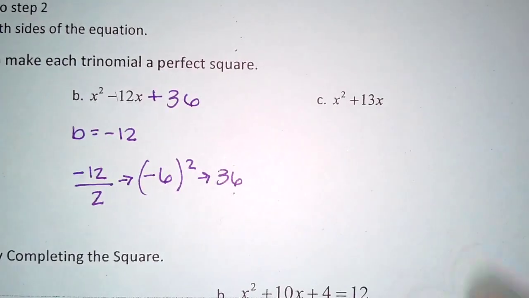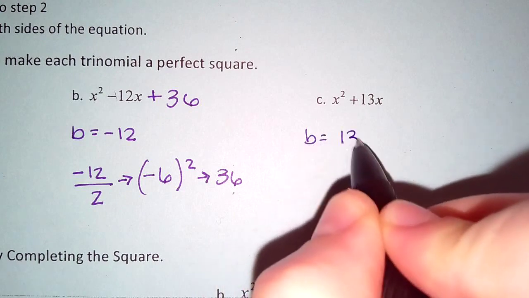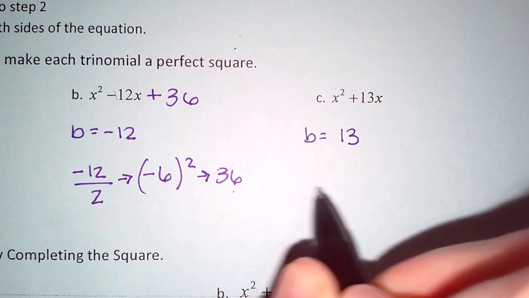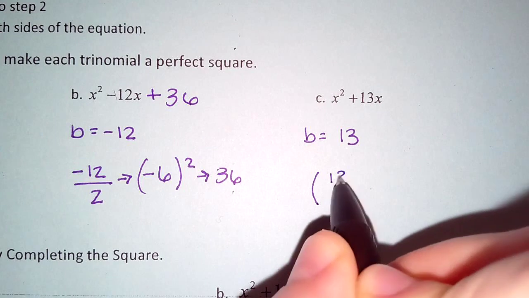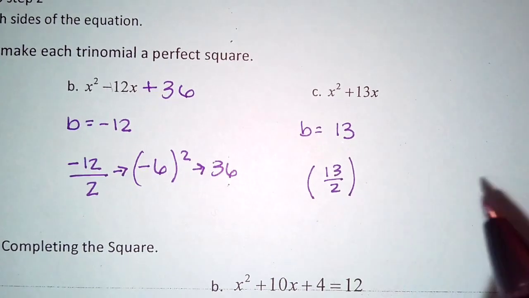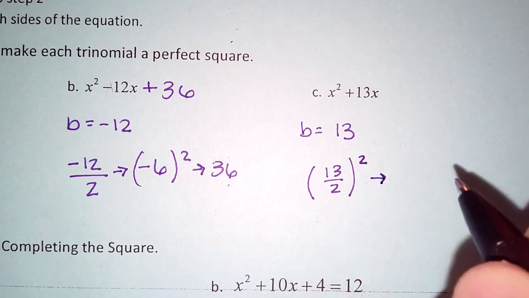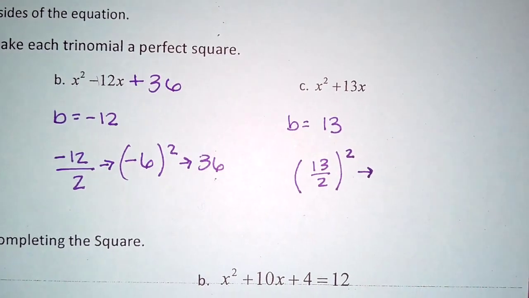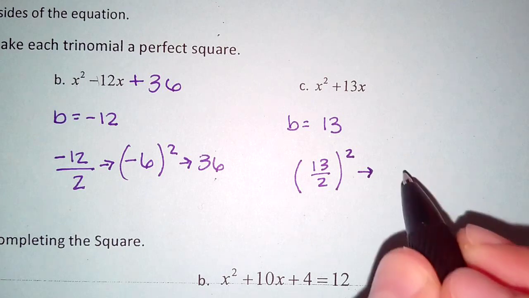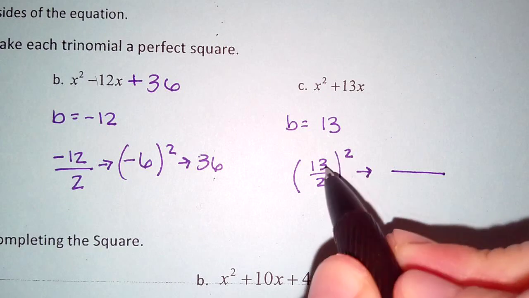If I do my last one, b is 13. So if I take 13 divided by 2, let's see what it would look like if I kept it as a fraction. If I keep it as a fraction and I square it, remember those squared rules? I would square the top and the bottom.